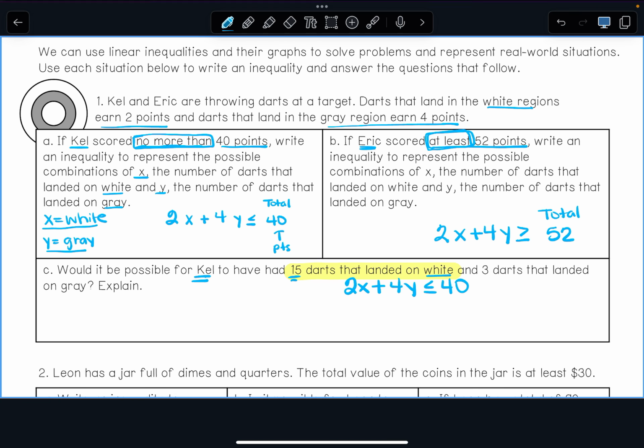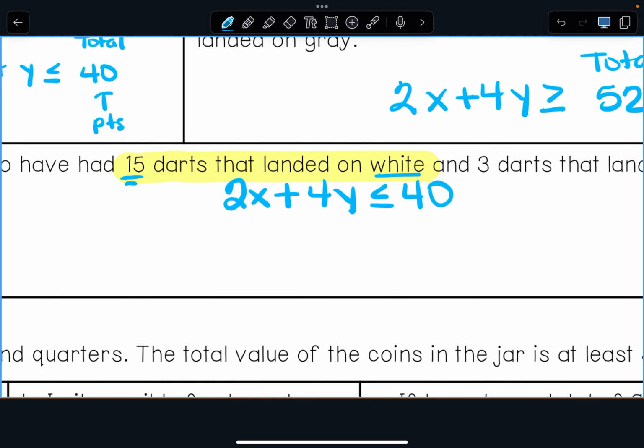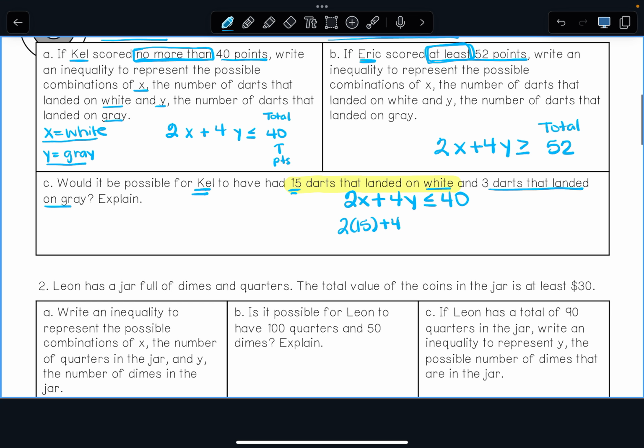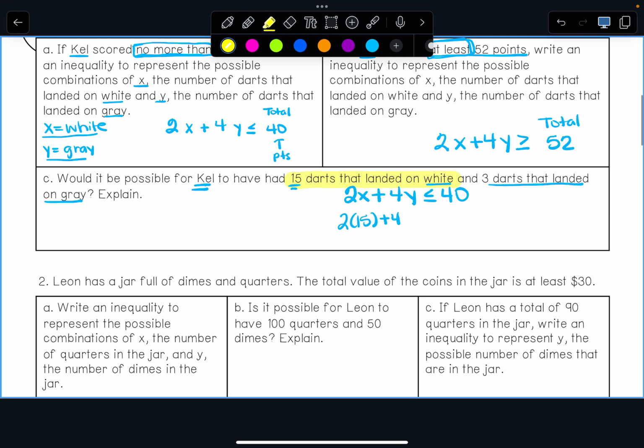So where would I plug that number in? Next to the 2. You would plug it in for x. And then 3 darts that land on gray. So you plug in the 3 for the y.